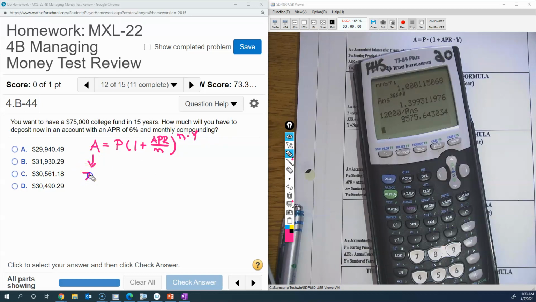My goal is 75 grand. I want to know how much to start with.